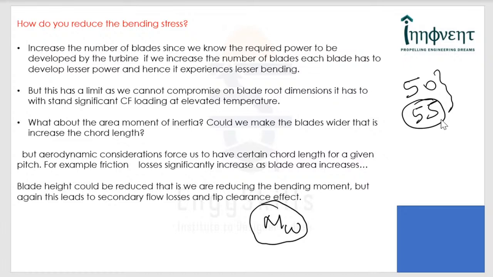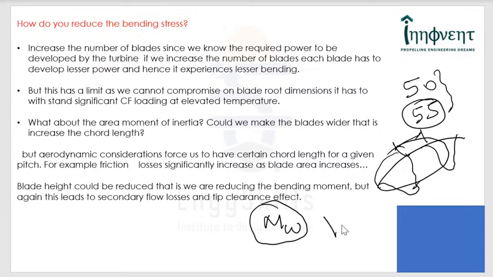But that is not possible, because if you look at the rim of a turbine disc, let us say this is the fir tree in which the blade is supported, this distance cannot be compromised, because this is perhaps the most loaded area, and therefore the pitch, that is the distance between any two turbine blades, cannot be reduced beyond a certain point.